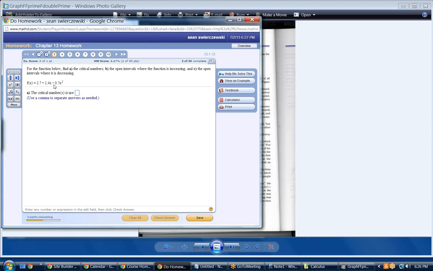Well, we want to solve this quadratic, letting f of x equal 0.